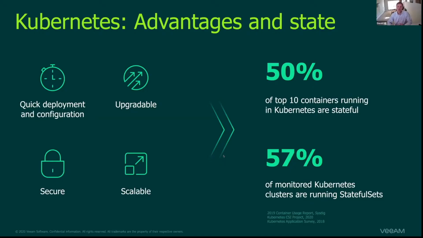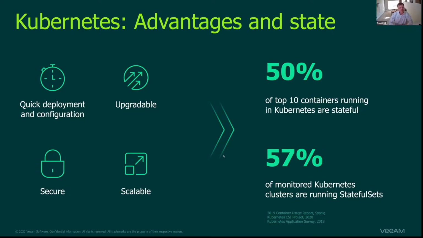But the way enterprises are now leveraging Kubernetes is in a stateful manner. Whether the application is storing data within a container, or it has persistent state configurations like session configurations and IDs, we're finding that around about the top 10 containers running in Kubernetes platforms now, about 50% of those are stateful.